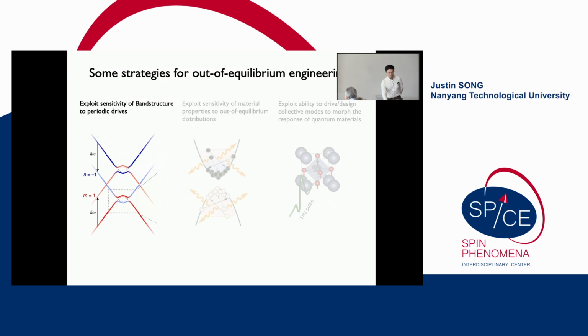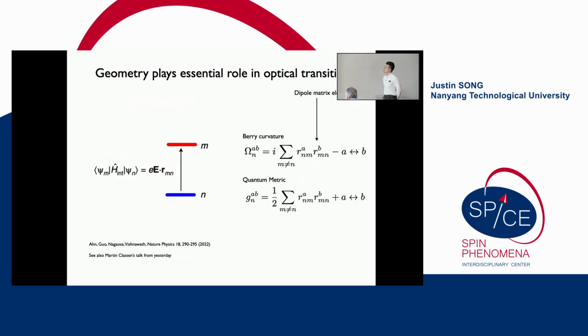So in this particular strategy of exploiting the sensitivity of band structure to a periodic drive, we heard a lot yesterday from Martin that the interaction of light and matter is quite sensitive to quantum geometry. Let me try and bring this home quite clearly.